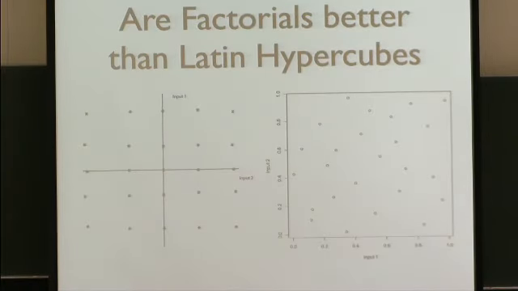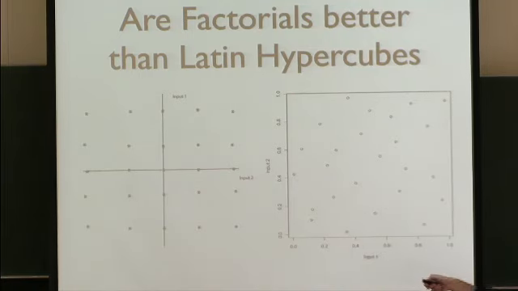So one question you might ask: are factorials, which we know cover space very well, better than Latin hypercubes? If you can afford a factorial, should you do a factorial rather than a Latin hypercube? The factorial guarantees you don't have any holes, though of course there are holes in between the points.